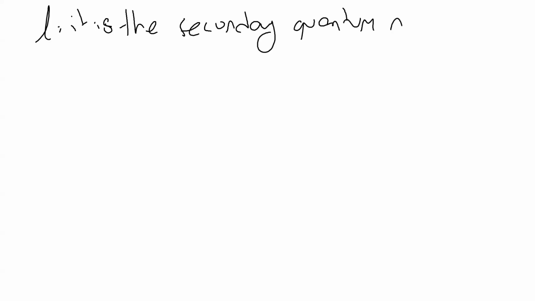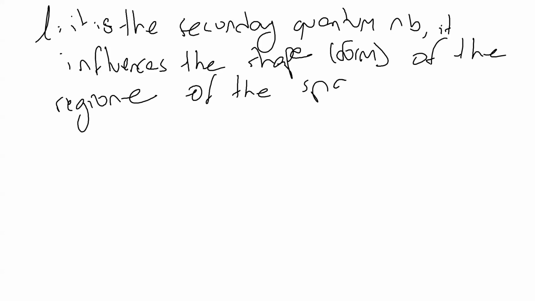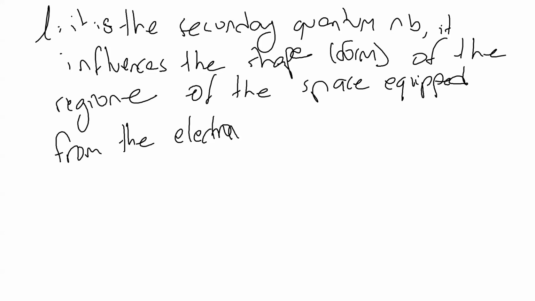L is the secondary quantum number. It influences the shape or the form of the region of the space occupied by the electron, and the degeneration of the orbitals.